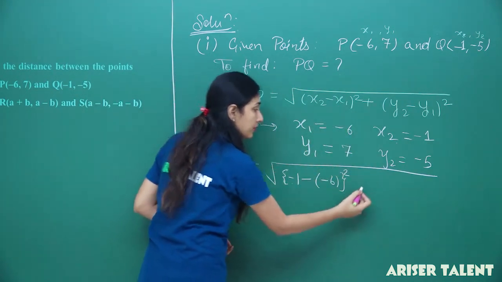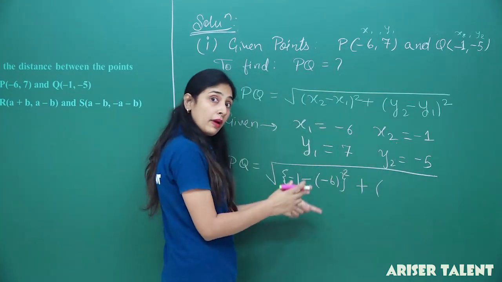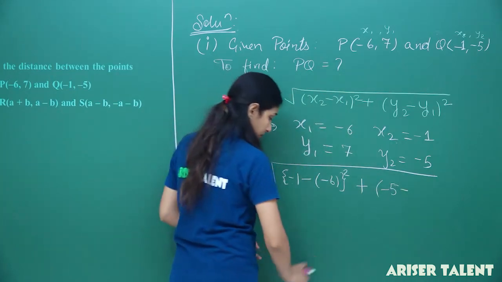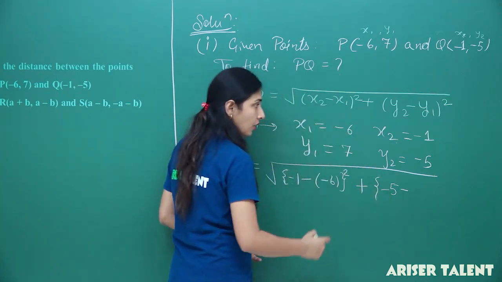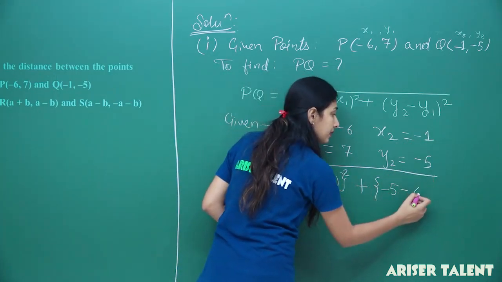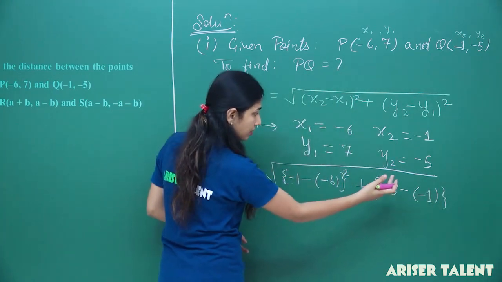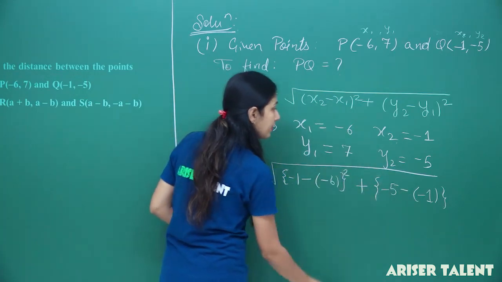Here you can look, plus (y2, which is now -5, so I am writing -5, minus, again we need one more bracket, 7), that is, -5 minus 7, right here.